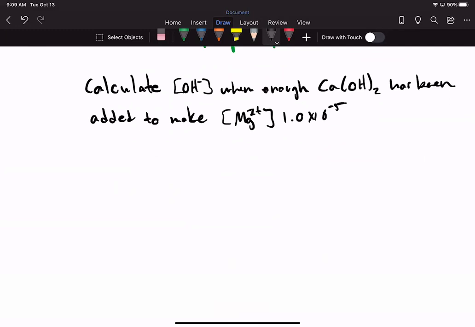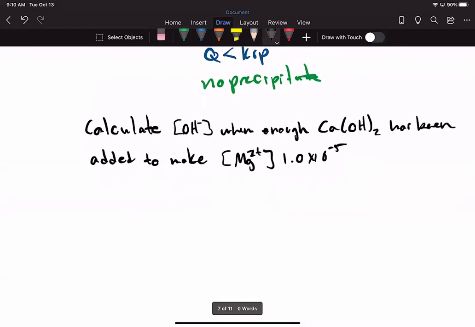This is what we call the common ion effect. The common ion effect happens when we're adding different compounds into a solution and there's a common ion between them.